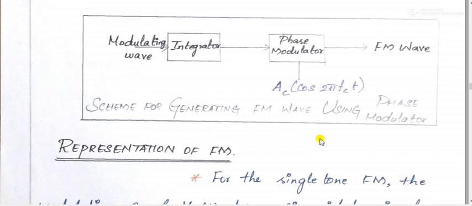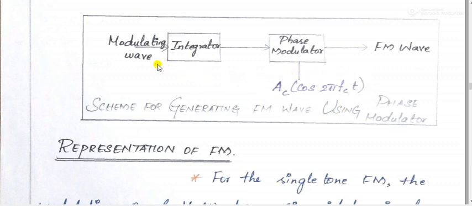This is the generation of FM wave using a phase modulator. To generate the FM wave, we need the modulating wave as well as the carrier wave. This is the representation of the carrier wave.